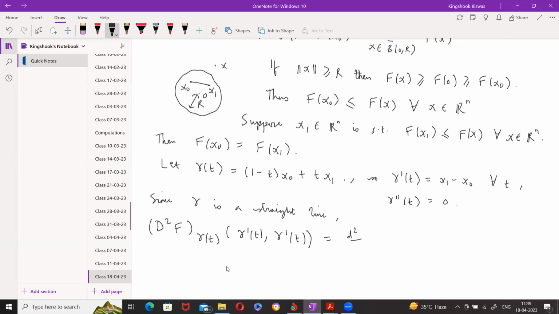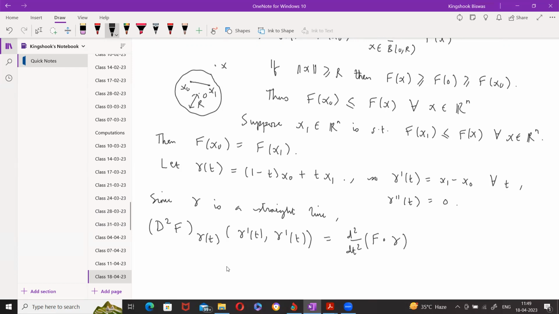In terms of curves, it's the second derivative, the Hessian, the second derivative along geodesics. So in Rn, it's just the second derivative along a straight line, which we proved at the beginning. So this is d squared dt squared of f composed with gamma, right?